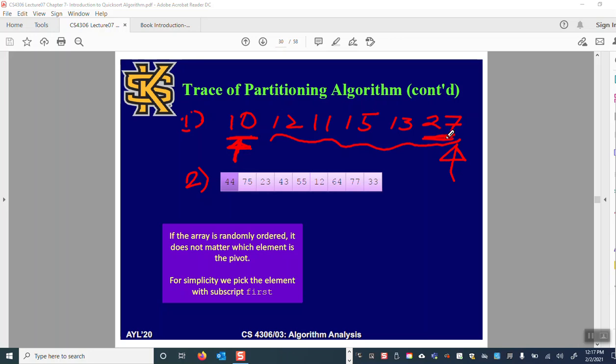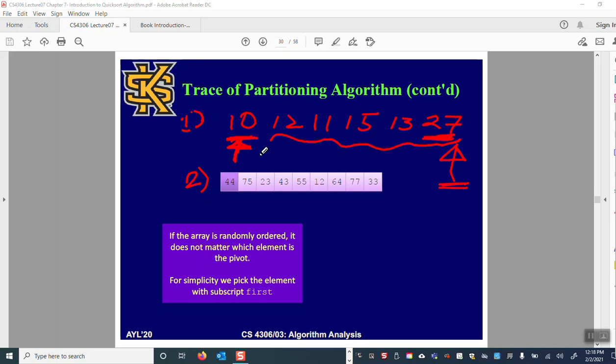If we want to do ascending order sorting, this last element is the greatest element, so all the elements on the left side of 27 are less than 27. That means it is in place. These two elements are in place already, but the middle elements are not, so we need to solve the middle elements to make them in place.